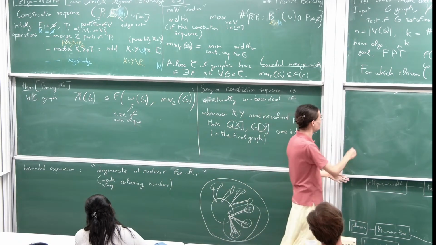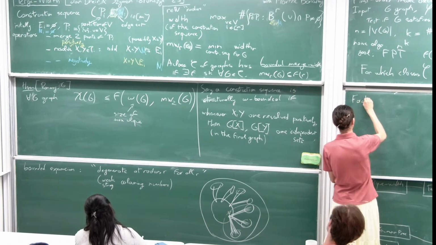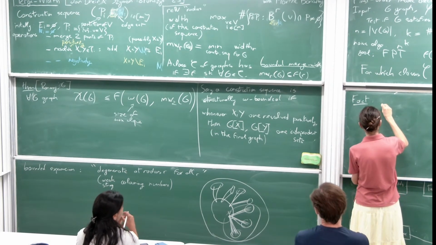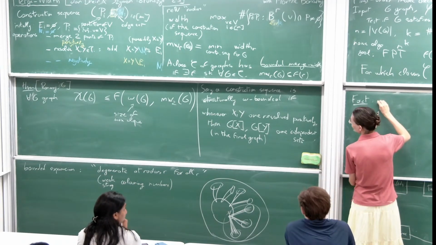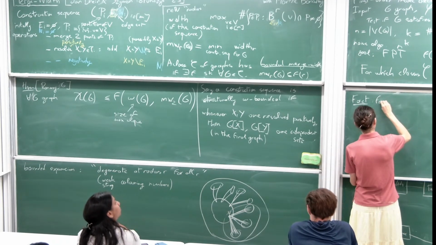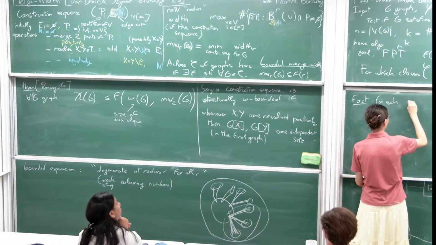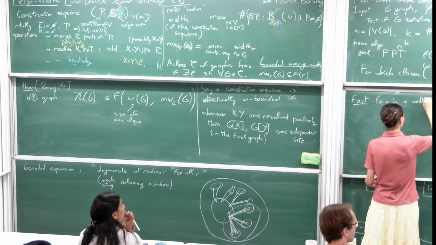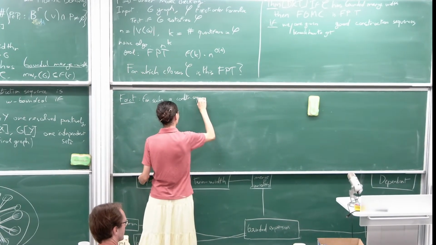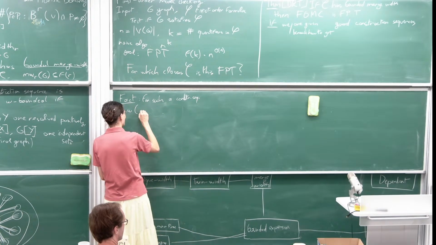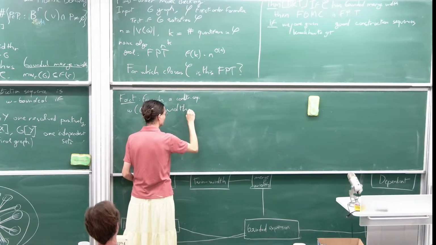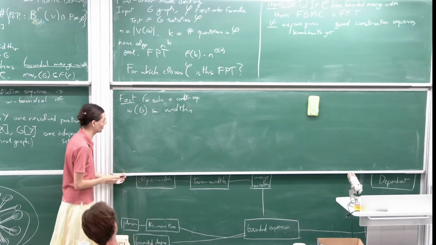So let me just, I'm not going to use this, but I want to show it because it gives you an idea of how the proofs work. If you have such a contraction sequence, the clique number of the graph will be at most the width at radius 1. Okay, why is that true?